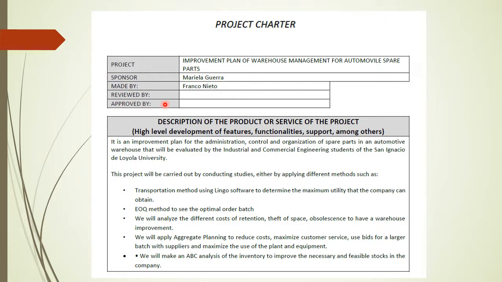I would like to talk a little bit about this project, which consists in improving the administration, control, and organization of spare parts in an automobile warehouse, using real data for the company Holding Group, which is in charge of managing public transportation, specifically El Correo Rojo, which is a well-known public transport here on the most used street, Javier Prado.